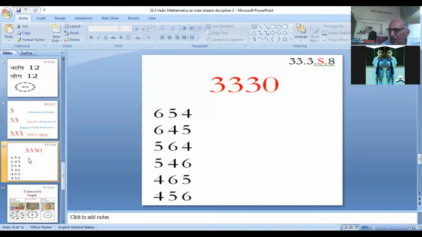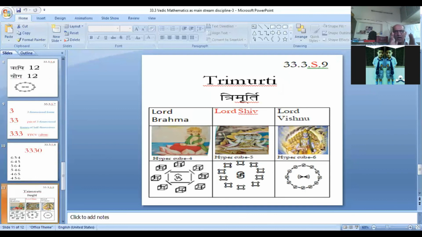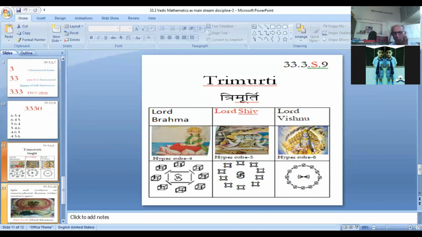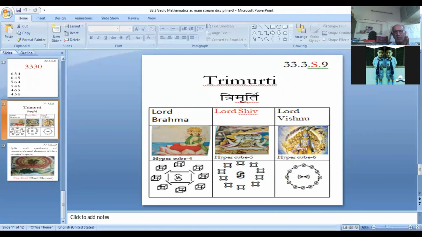This, as such, will be a reach of the organization format of a Trimurti, Lord Brahma, Lord Shiv, and Lord Vishnu. Lord Brahma is the overlord of a 4 space with hypercube 4 as its representative regular body. Lord Shiv is the transcendental lord, presiding deity of a 5 space with hypercube 5 as its representative regular body of manifested format within creators of space.